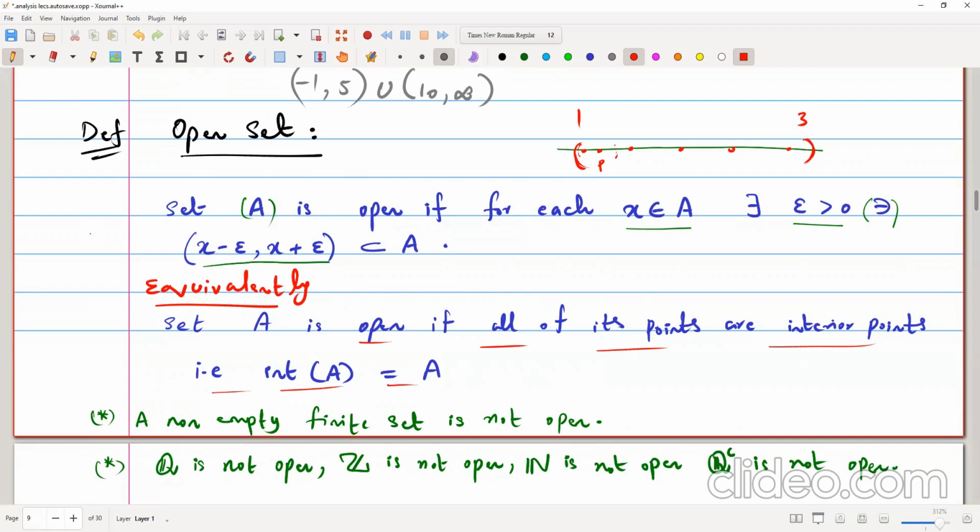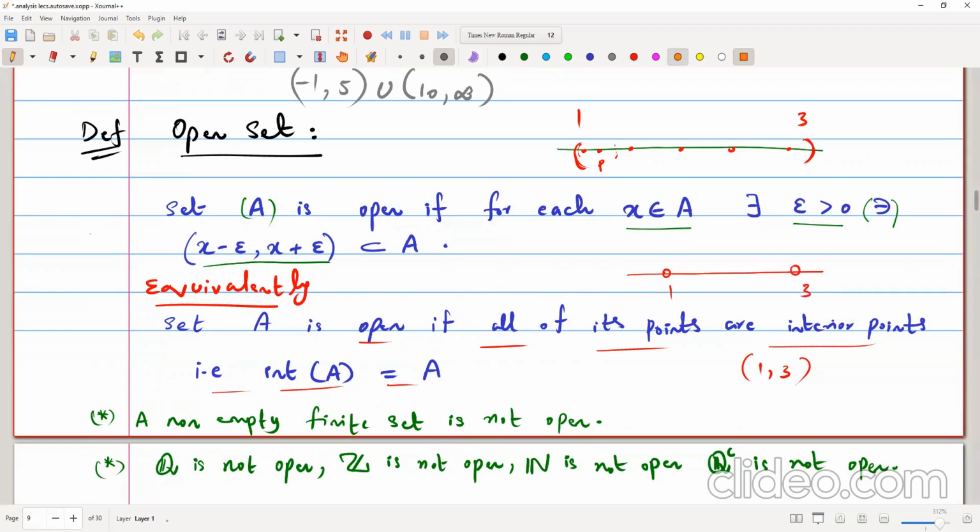So let's talk about this example to understand the meaning of this statement, that is the interval (1, 3). If we want to find the interior points of (1, 3), we have an open interval, so 1 and 3 are not included in the set.